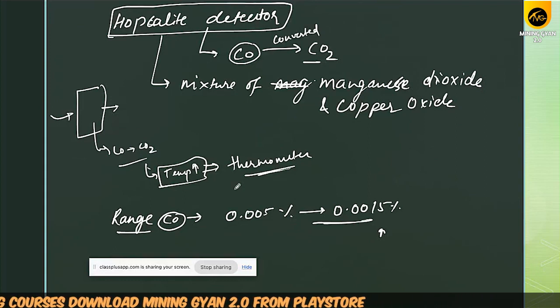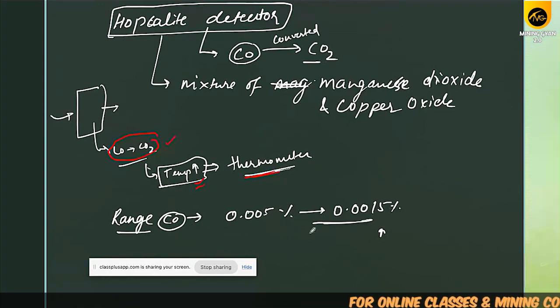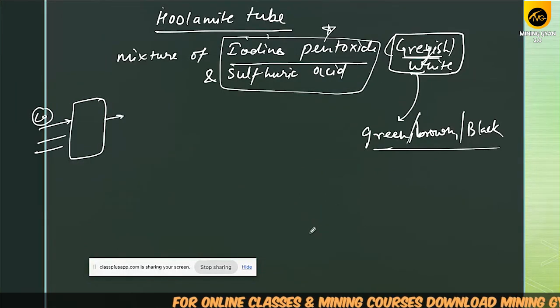Because carbon monoxide converts into CO2, the temperature will increase, so for measurement we use a thermometer, and the range for carbon monoxide for the Hopcalite will be 0.005% to 0.0015%.